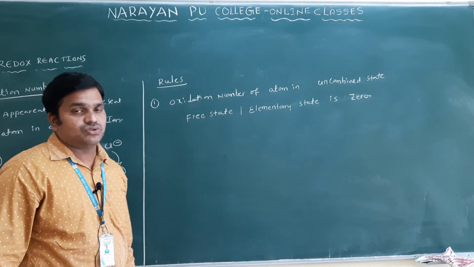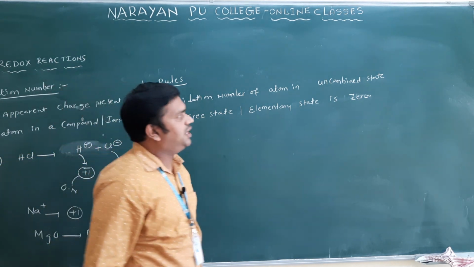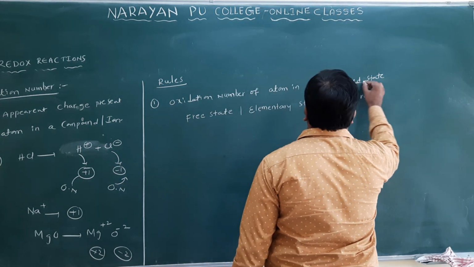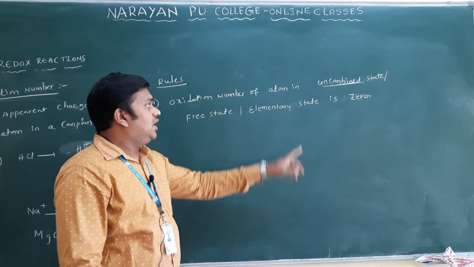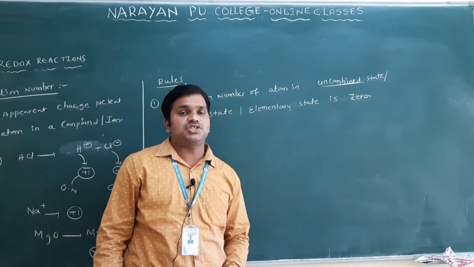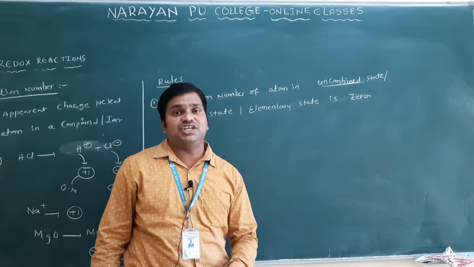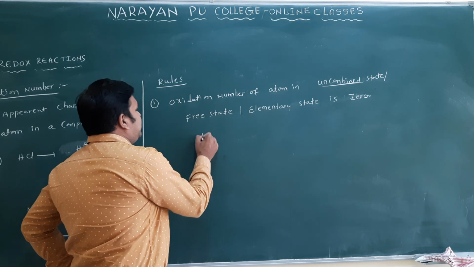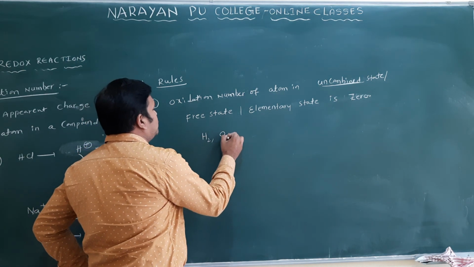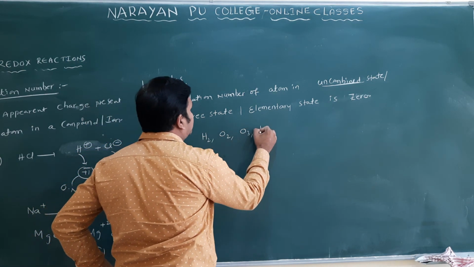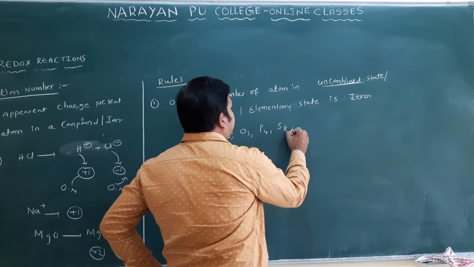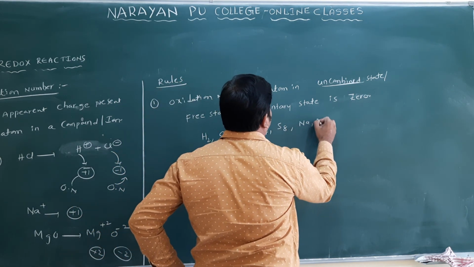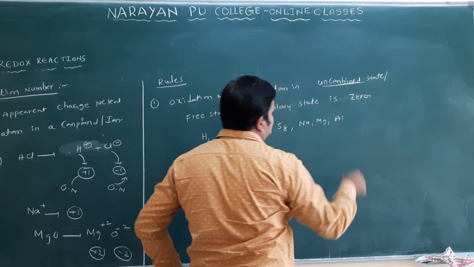The oxidation number of an atom in the uncombined state, or free state, or elementary state, is always taken as 0. For example, H2, O2, O3, P4, S8, or the pure forms of sodium, magnesium and aluminum.